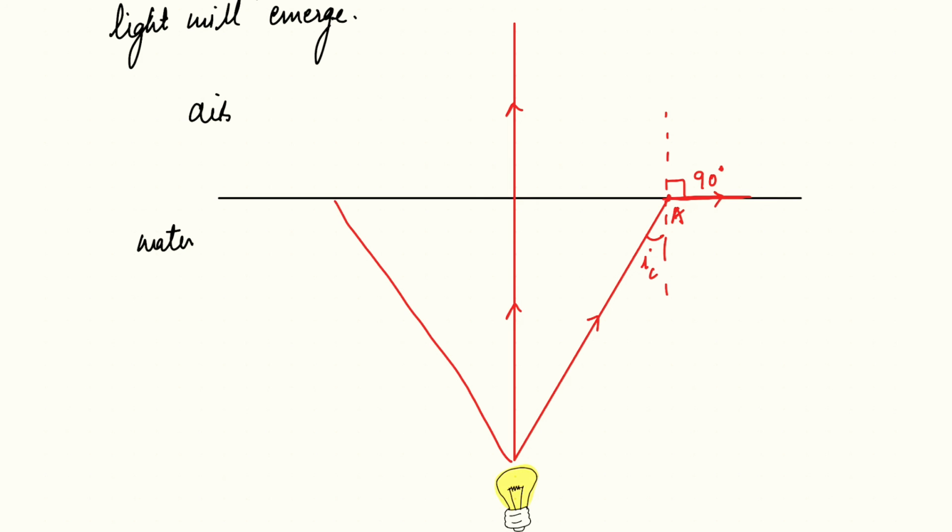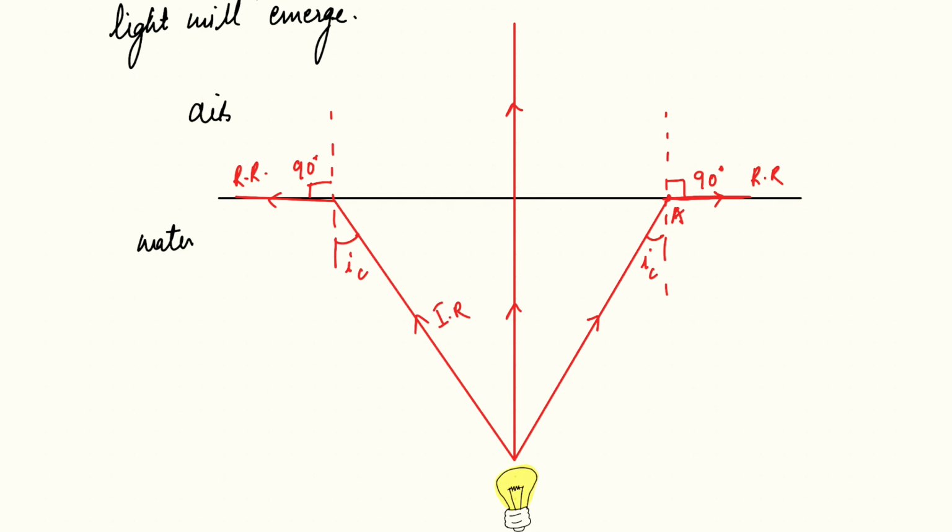Same goes for this one right here also. This is your incident ray, and the refracted ray will be along the interface. This is again your critical angle, and this is 90 degrees.